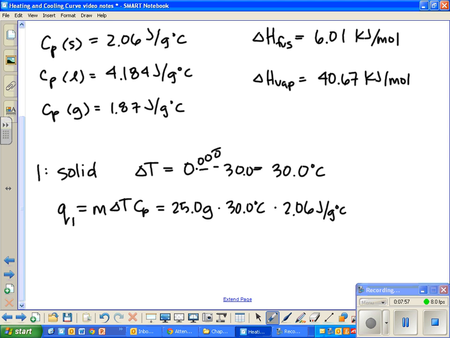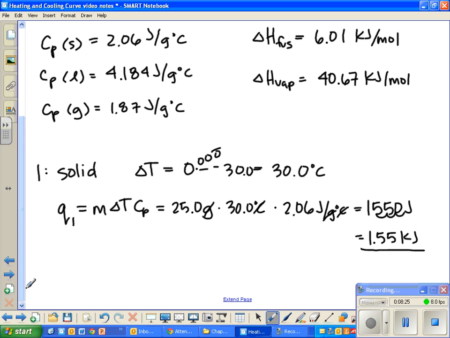So you can see grams divide out, degrees Celsius divide out. Answer is, with 3 sig digs, 1,550 joules. But we want to calculate our energy in kilojoules, so I'm going to convert this right now, moving the decimal 1, 2, 3 spots to the left. So this would be 1.55 kilojoules. I'm going to underline this. This is one of the numbers I'm going to use when I add them up.